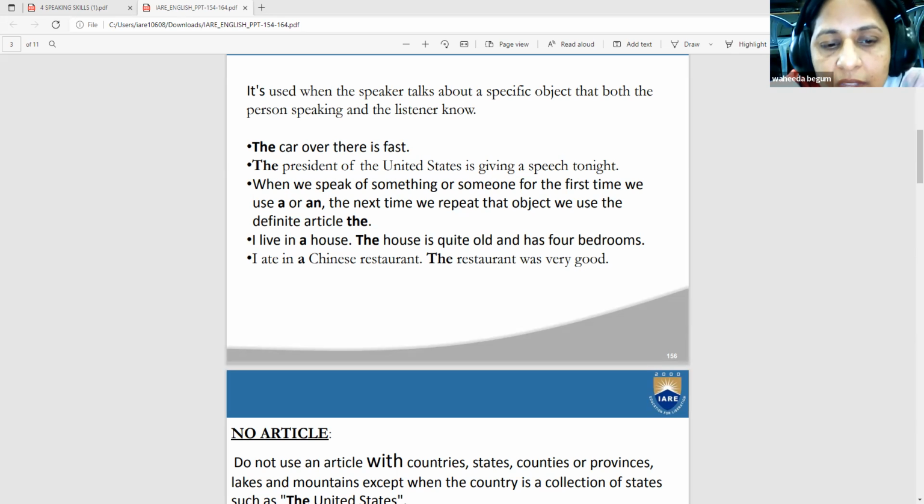Before names of things unique of their kind, for example, the sun, the sky, the moon, the earth, unique things of their own kind.